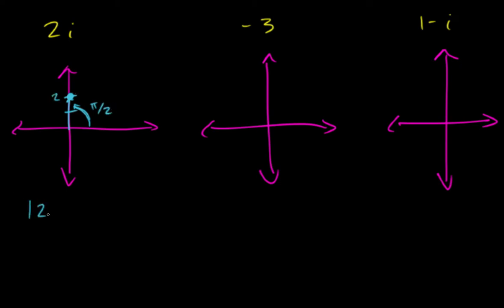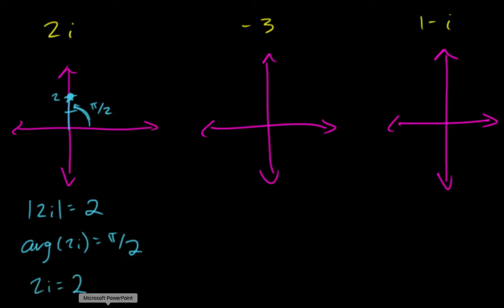The length of 2i is just going to be 2, and the argument of 2i is pi halves. So if we write it in polar form, we take the modulus and do cis pi halves.